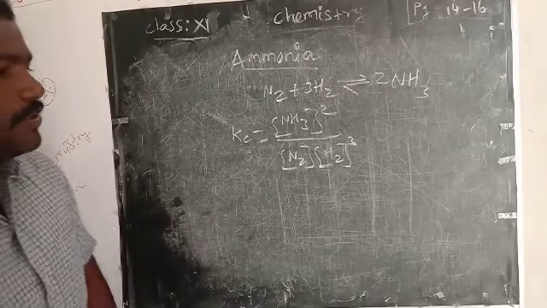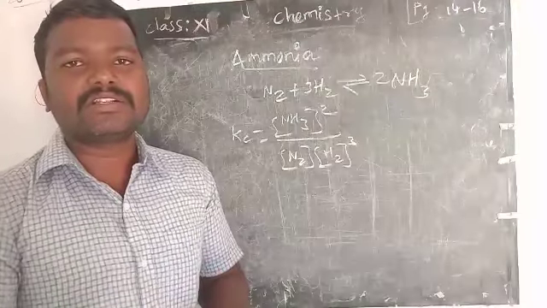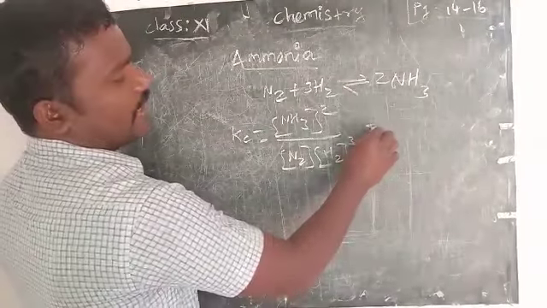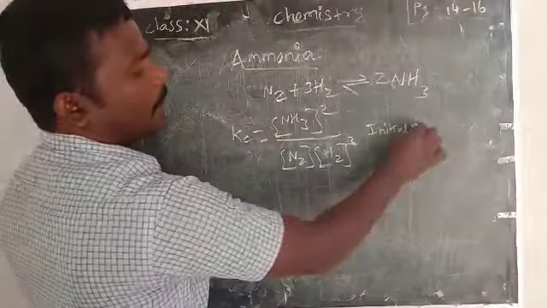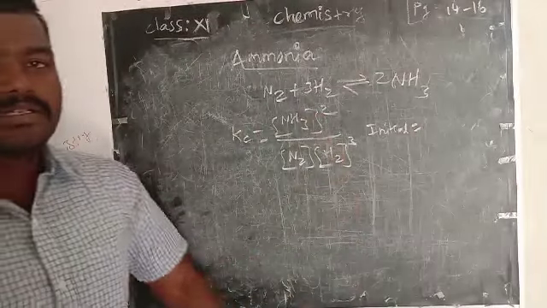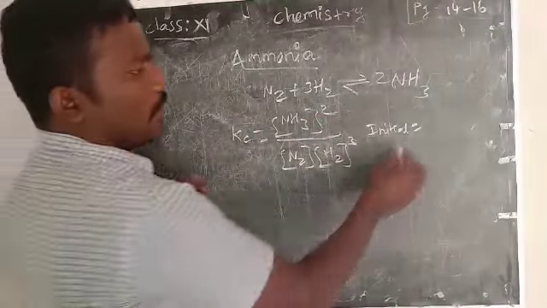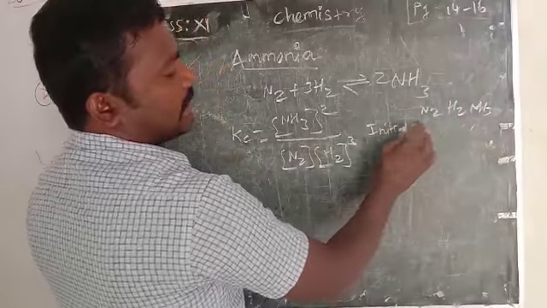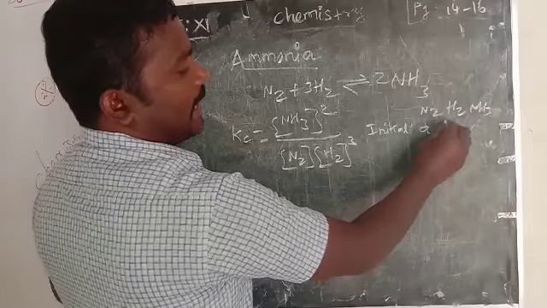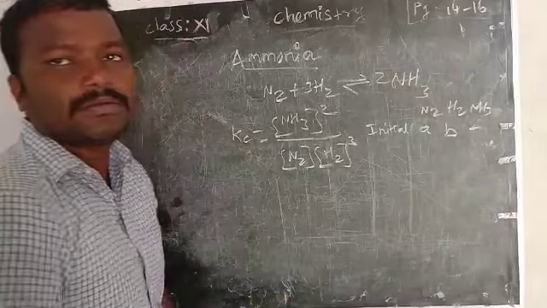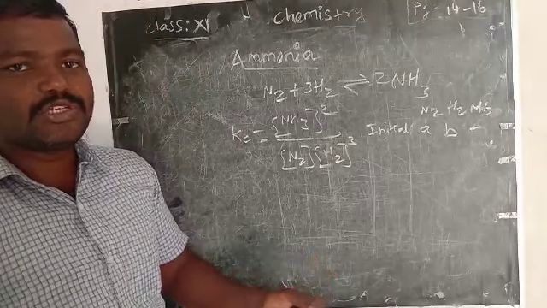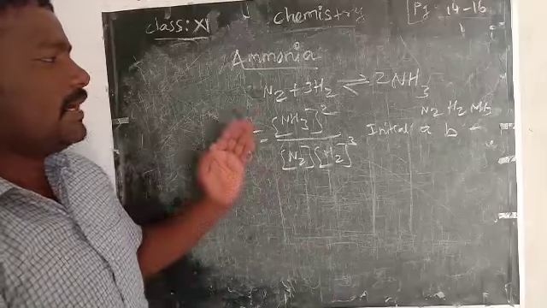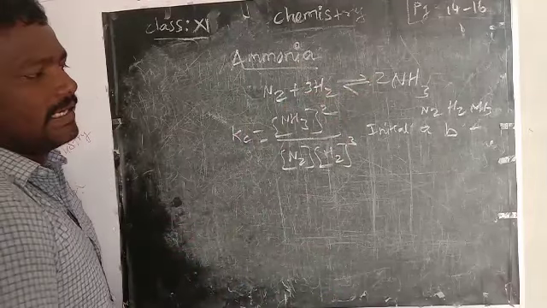So now, as usual, we want to use initial concentration, reacted, and remaining. For the initial concentration of N2 and H2, as usual you can take a and b. Ammonia is nothing, because at the beginning of the reaction we may not have any concentration of NH3.